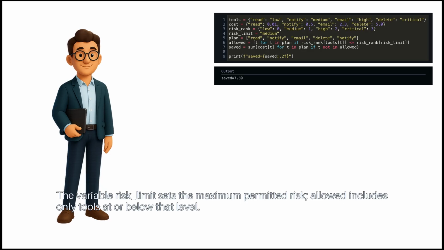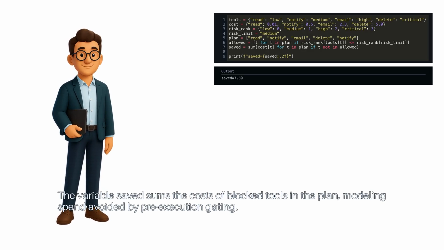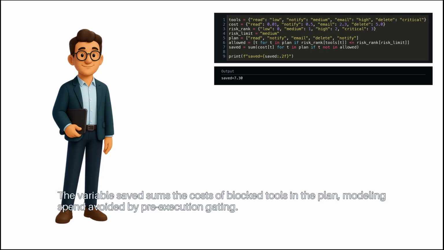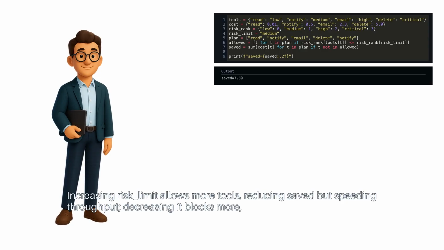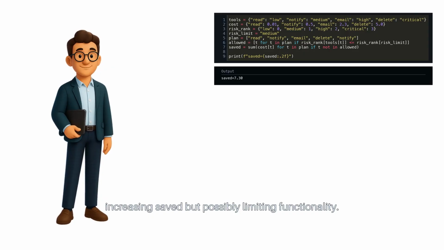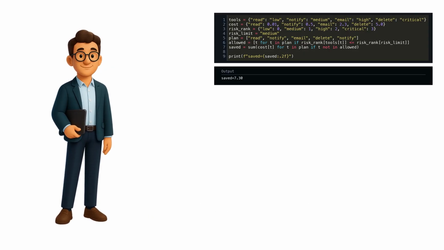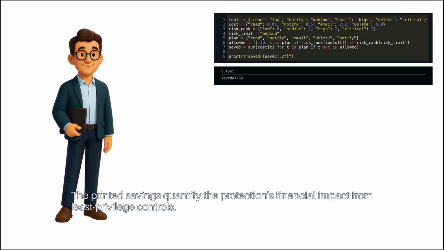Allowed includes only tools at or below that level. The variable saved sums the costs of blocked tools in the plan, modeling spend avoided by pre-execution gating. Increasing risk limit allows more tools, reducing saved but speeding throughput. Decreasing it blocks more, increasing saved but possibly limiting functionality. The printed savings quantify the protection's financial impact from least privilege controls.